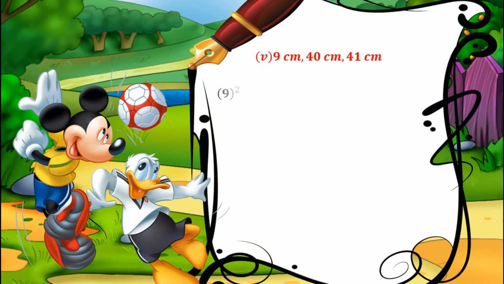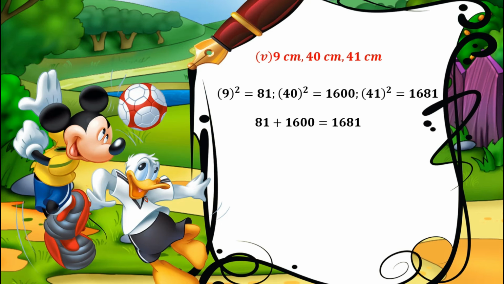So you will see here that 9 raised to 2 will be 81, 40 raised to 2 will be 1600, and 41 raised to 2 will be 1681. You will see here that the addition of 81 plus 1600 will be 1681.